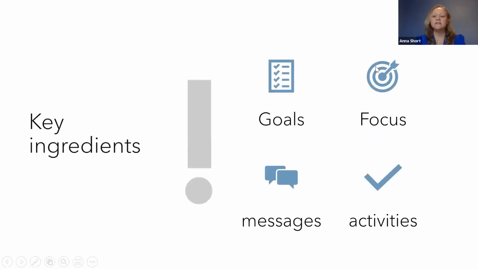So the key ingredients for a marketing plan for me are having goals, starting with your goals and working back from those, and that's got to be about your business goals. If your marketing is lined up with your business goals, it really does set you off on the right track.